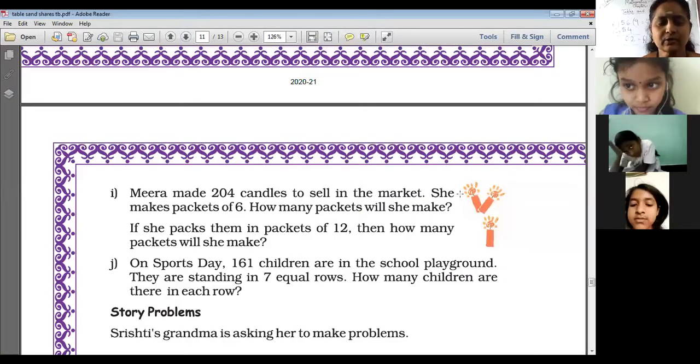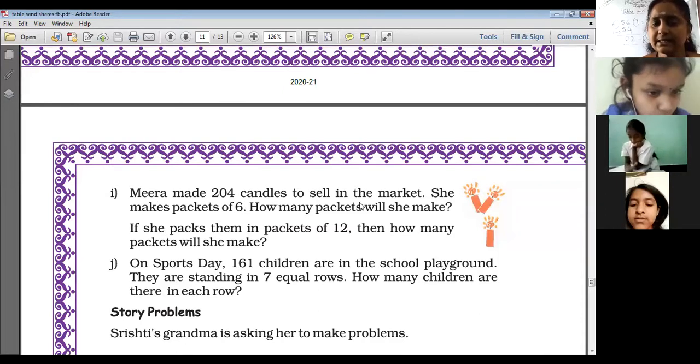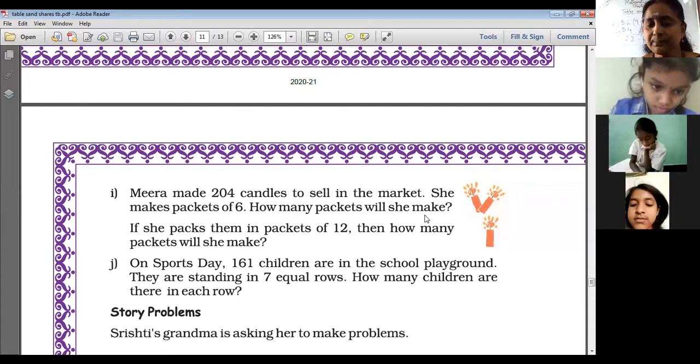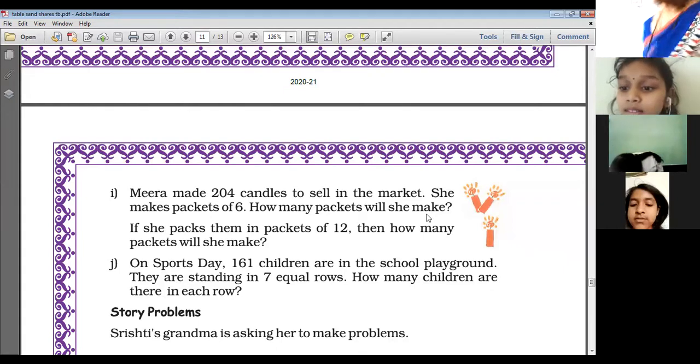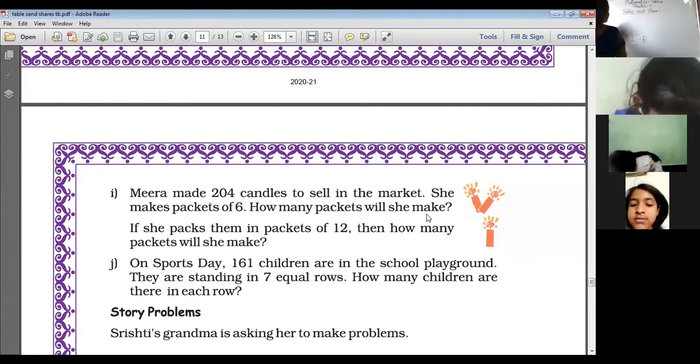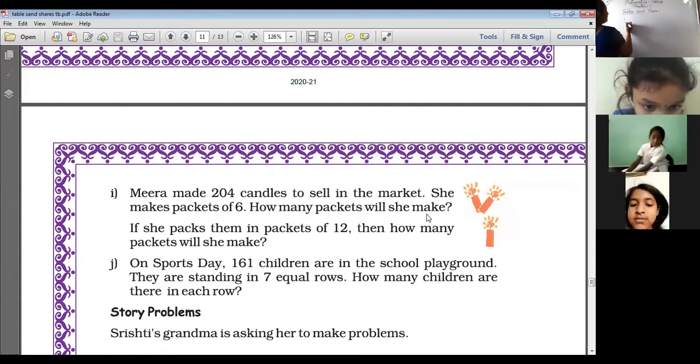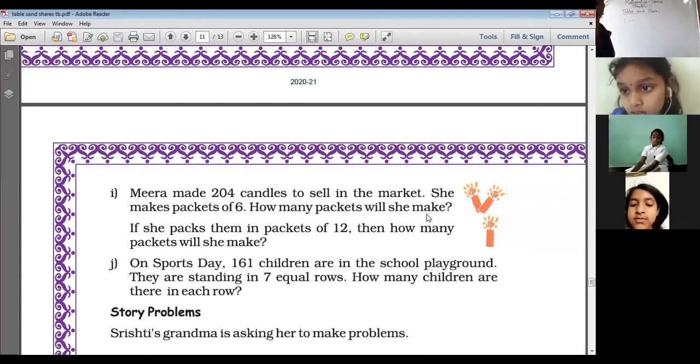Look at this problem. Meera made 204 candles to sell in the market. She makes packets of 6. How many packets will she make? In one packet, how many candles are there? 6 candles.